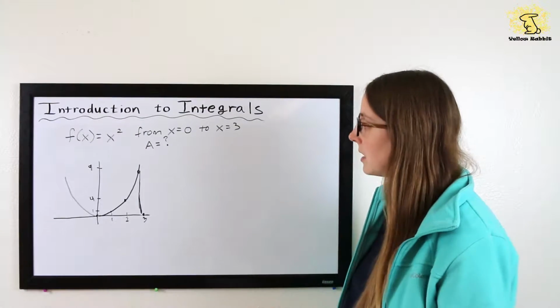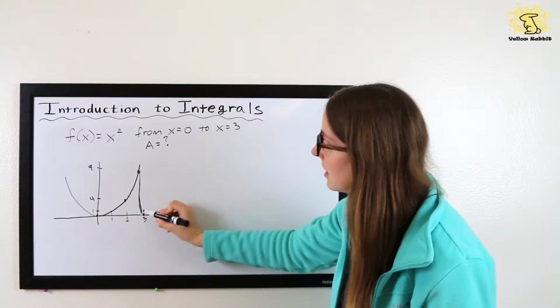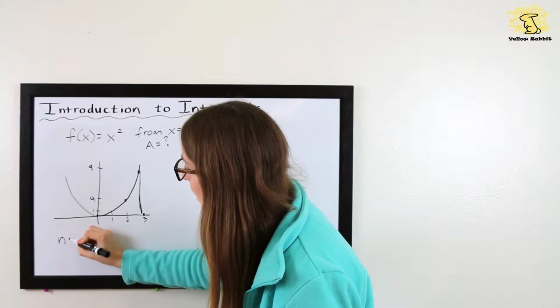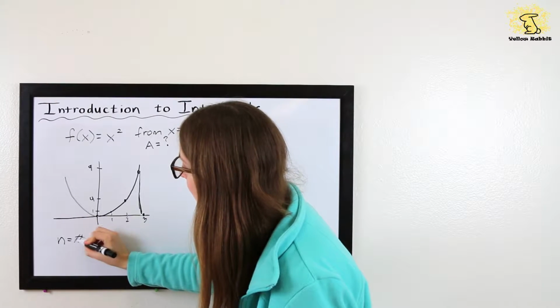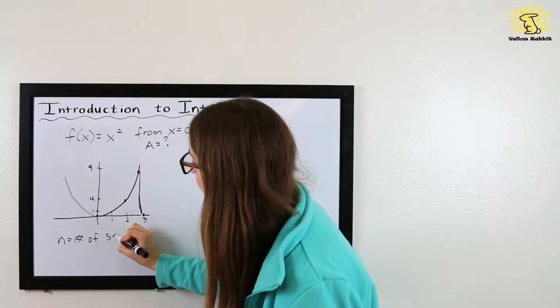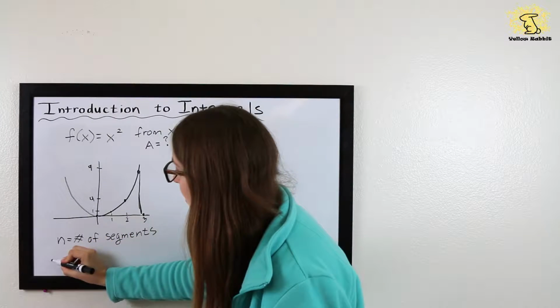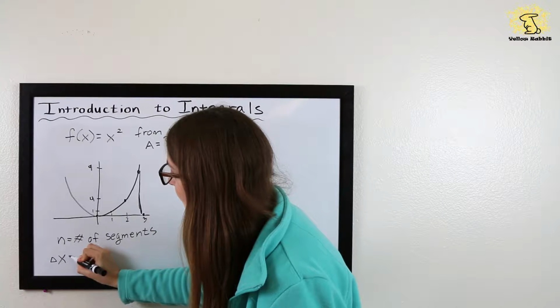So let's say, for instance, we divide this area into n segments, each with width delta x.